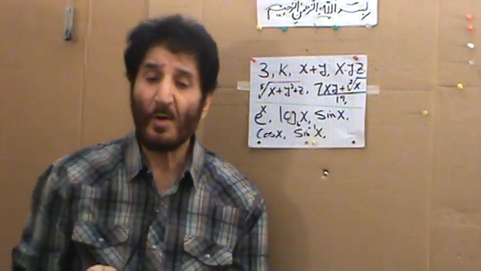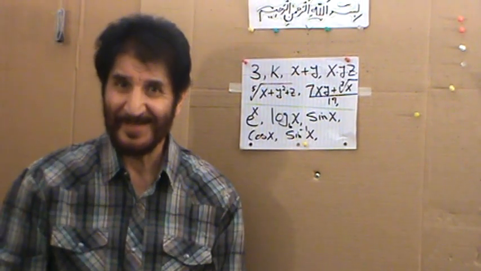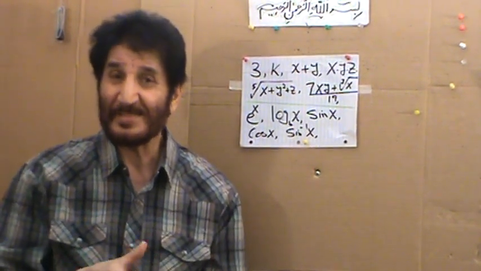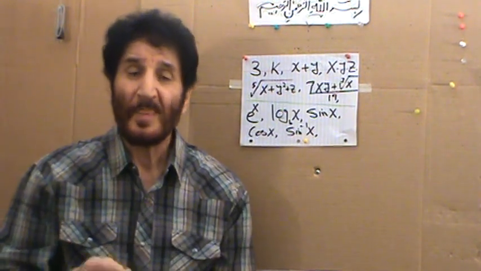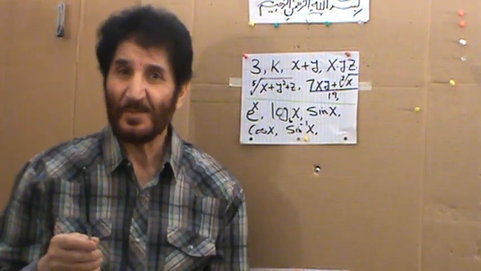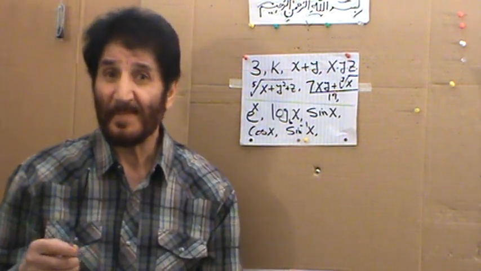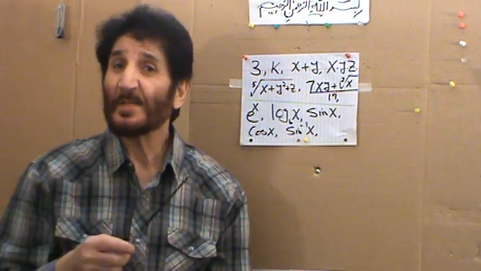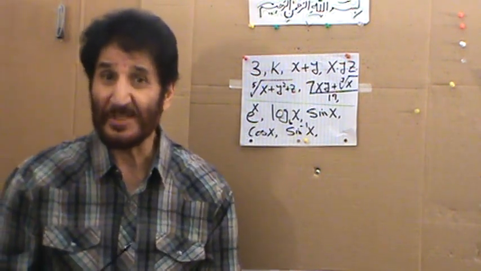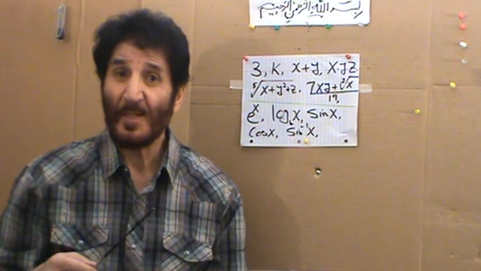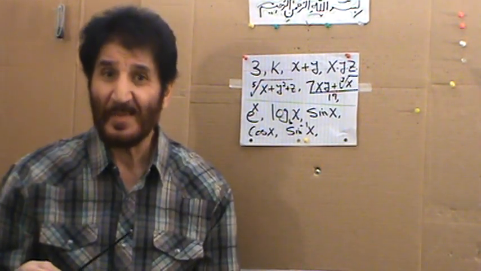Now the question is, what kinds of expressions are not algebraic? If we know what is not algebraic, we appreciate what is algebraic better. e to the x, which some of you are familiar with, log base b of x, all the trigs, sine x, cosine x, tangent x, cotangent x, and their inverses are all examples of non-algebraic expressions.